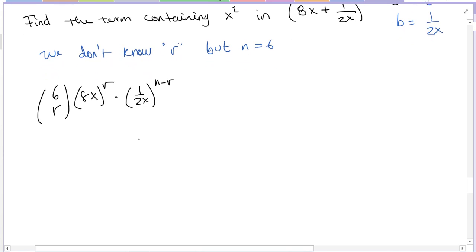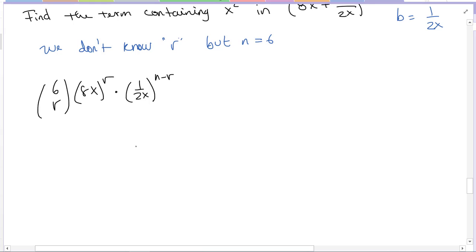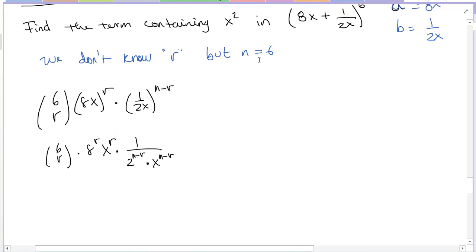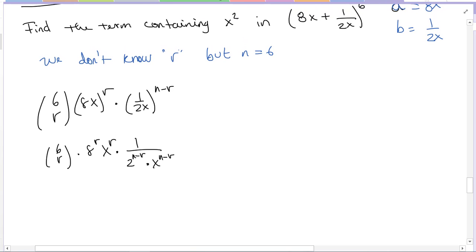So we can continue this way in simplifying the x term. So I'm going to have 6 choose r times, multiply these out, right? So we're going to have 8 to the r, x to the r times 1 over 2 to the n minus r times x to the n minus r. Now remember, we're trying to figure out when are we going to get x squared. So let's combine the x's.